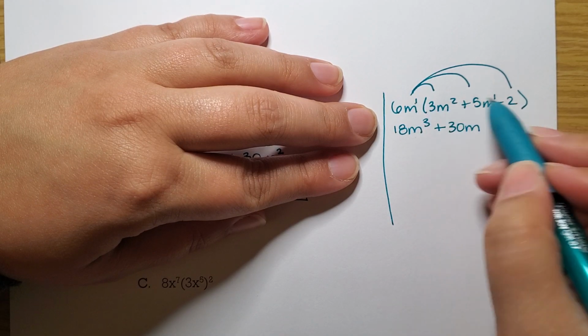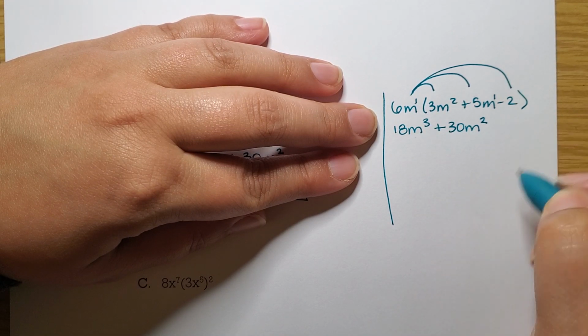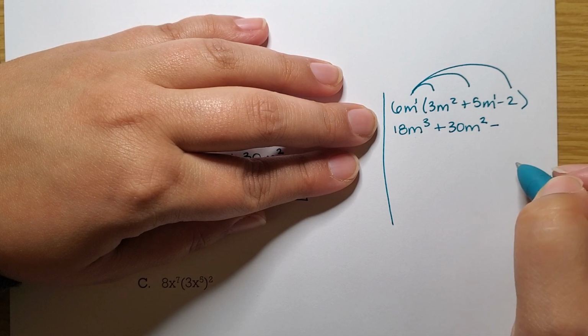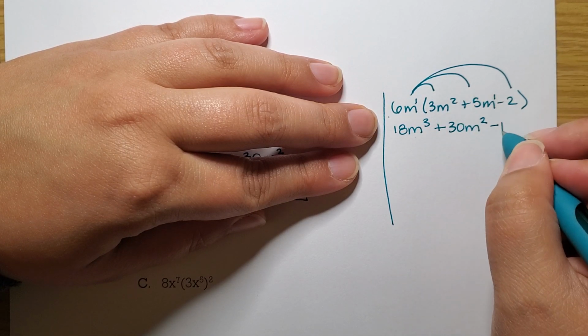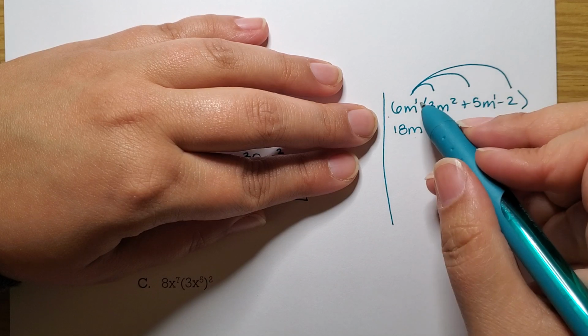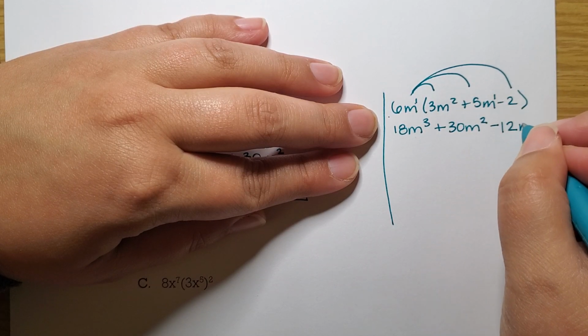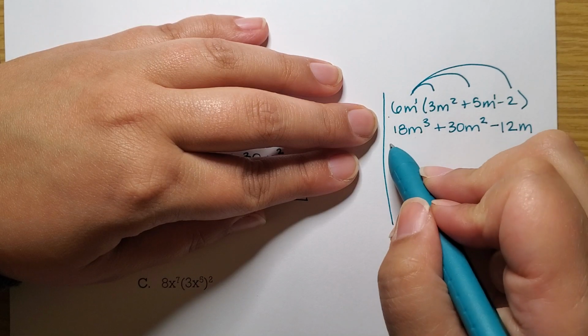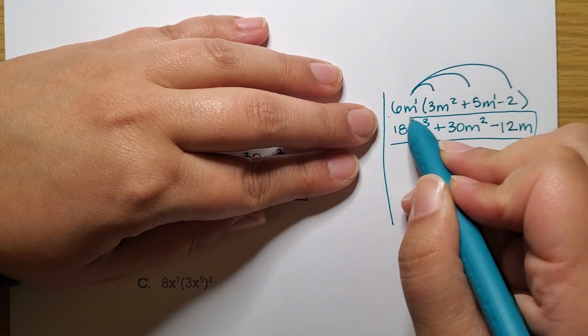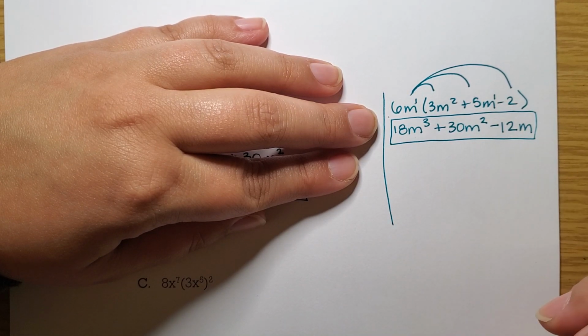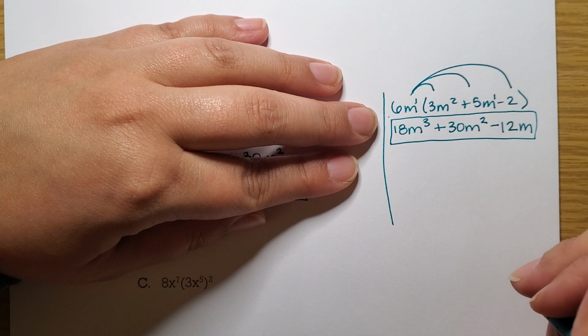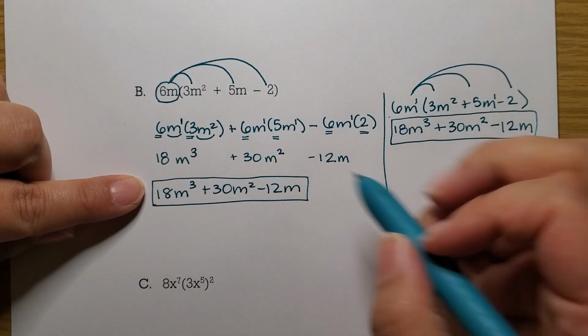Add the little numbers, 1 and 1 makes 2. Bring down the minus, multiply the big numbers, and then I have an m, I don't have any more m's. So I get 18m cubed plus 30m squared minus 12m. And that's the same thing we got here.